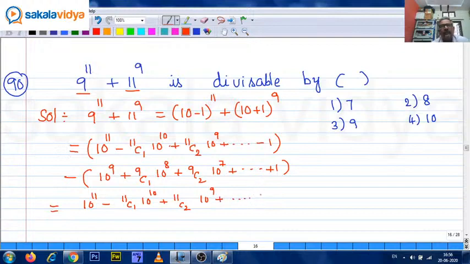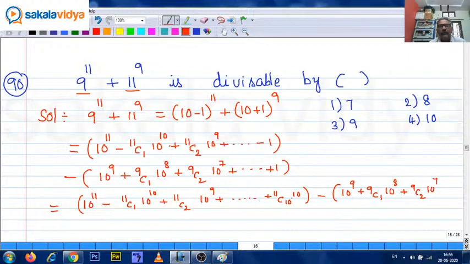Okay, this will be 10 to the power of 9, and then 11C10, bracket and minus, then 10 to the power of 9 plus 9C1 10 to the power of 8 plus 9C2 10 to the power of 7.